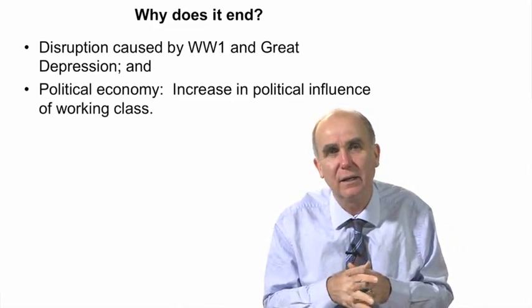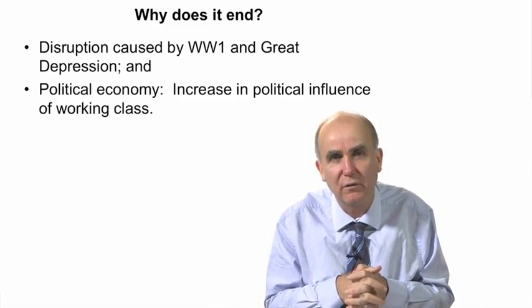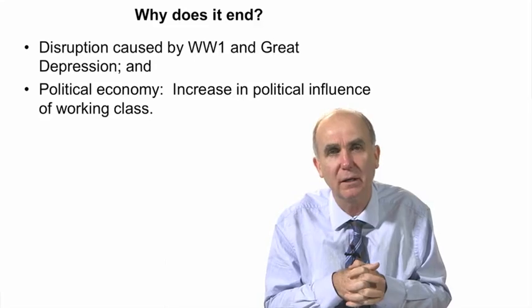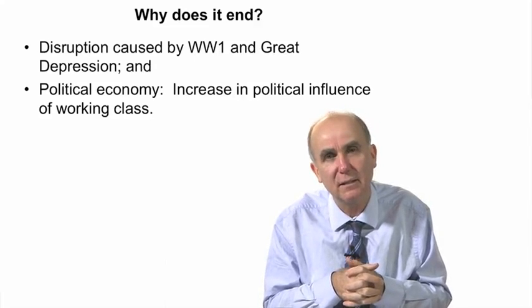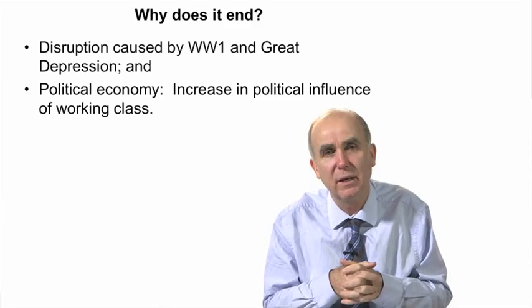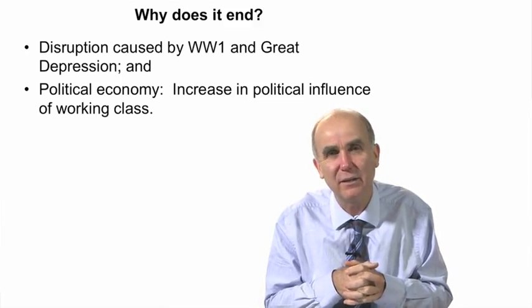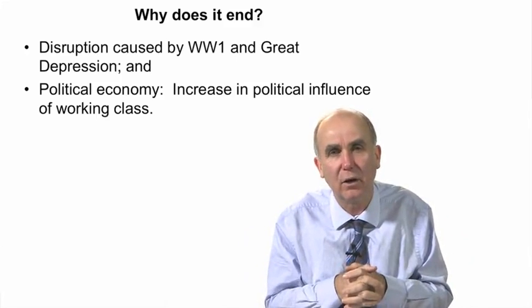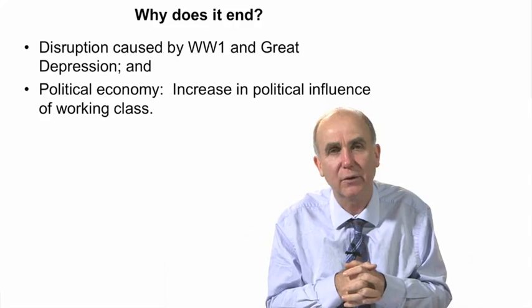The other reason that the first era of globalisation comes to an end, I think, is because of political economy factors. Basically, towards the end of this period, governments begin to adopt policies which are increasingly intended to actually restrict the extent of connectedness between countries.